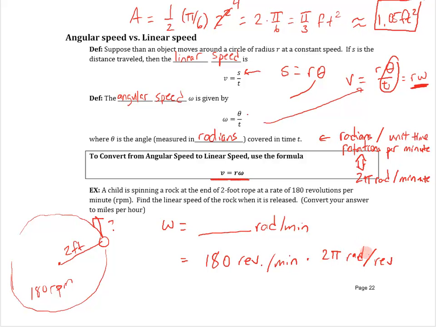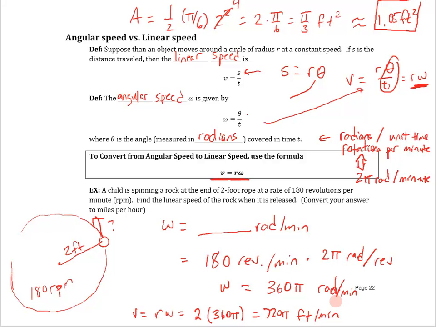So if I multiply those together, I get 360 pi radians per minute. There's my omega. Linear speed is r omega, so that's the 2-foot rope, because that's the radius, times 360 pi, or 720 pi feet per minute.